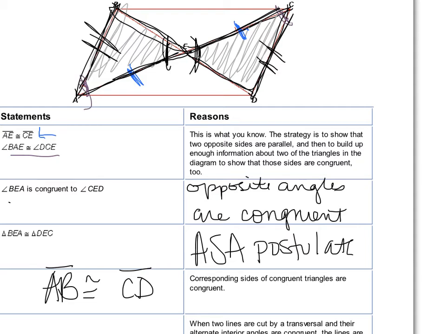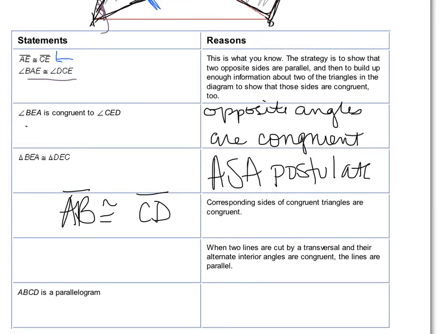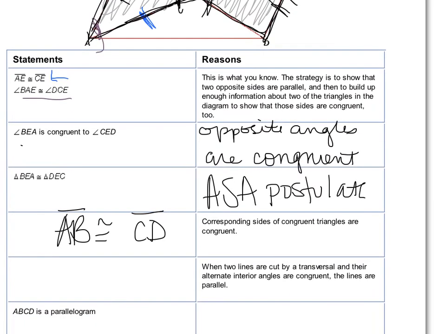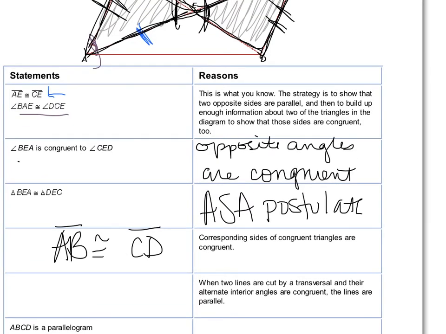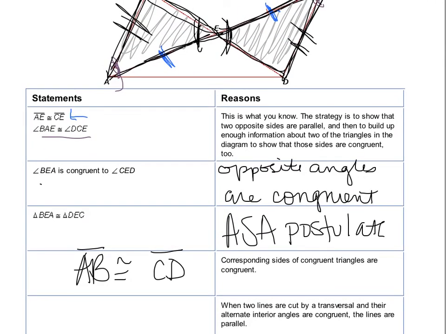And then our next reason that it gives us is that when two lines are cut by a transversal and their alternate interior angles are congruent, the lines are parallel. So let's think, what do we need to be parallel? Well, if you think back to the ways we can say something is a parallelogram, the second one you wrote, the one that was on page 7, said if one pair of sides was parallel and congruent, then we could know it's a parallelogram.